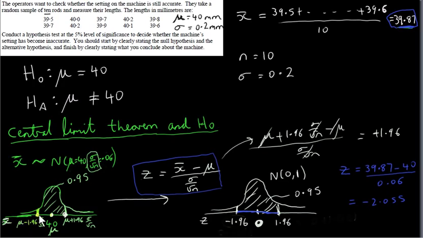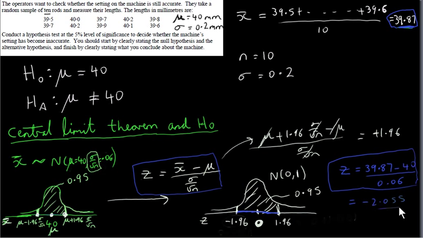So 39.87 is somewhere along here. It's a value of x bar. So to transform it, we use this formula here. So x bar is 39.87. This is the one we're interested in. So this is how you do the actual calculation. There's not much to it. We subtract the mean mu. The hypothesized mean is 40. We divide by the standard deviation of this distribution, which is sigma over root n. That's 0.06. So that's how you do the calculation.